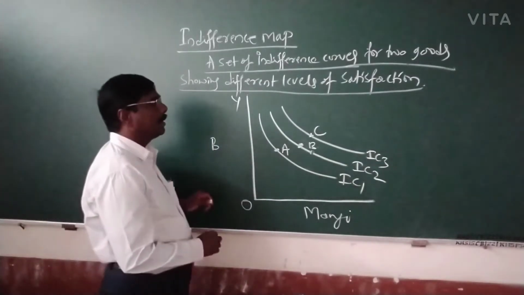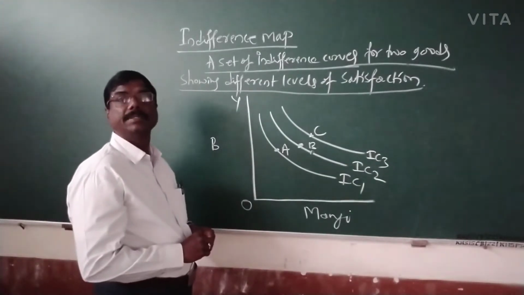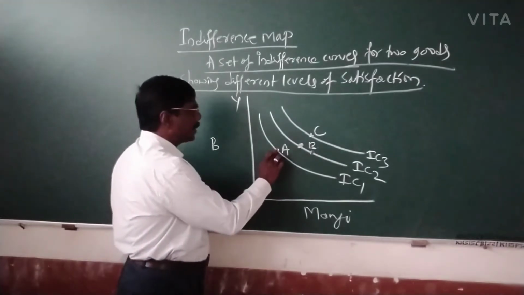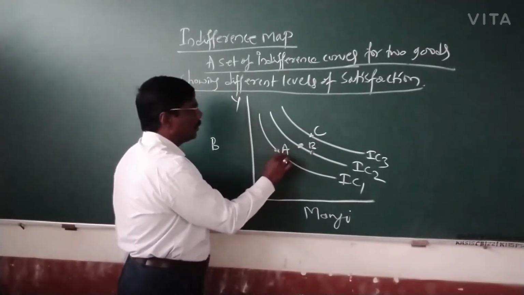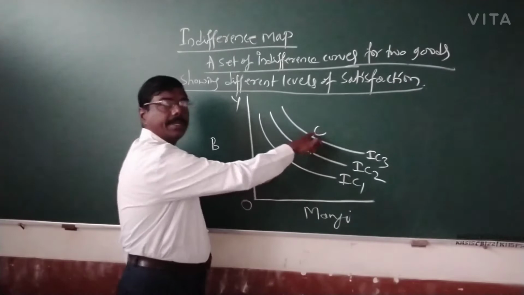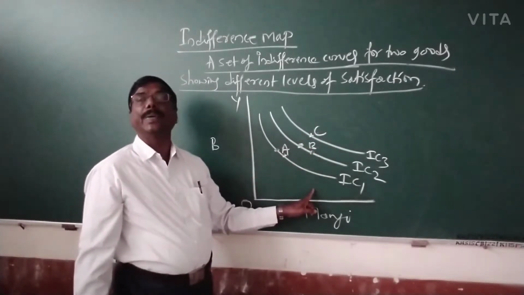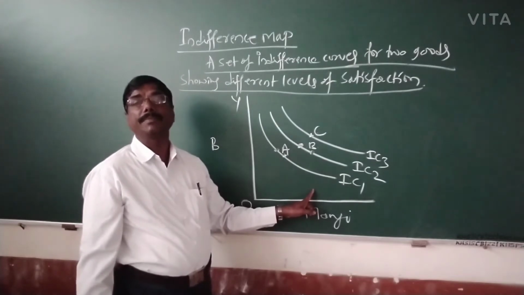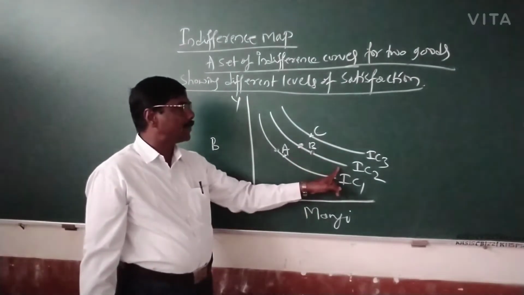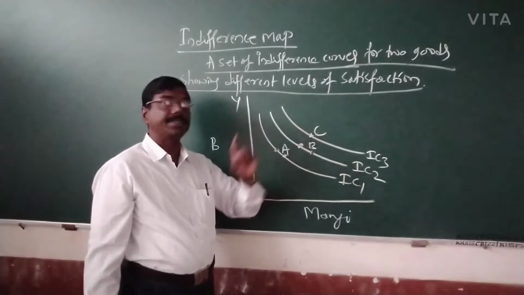So there are three combinations, A, B, C. A lies on IC1, B lies on IC2 and C lies on IC3.